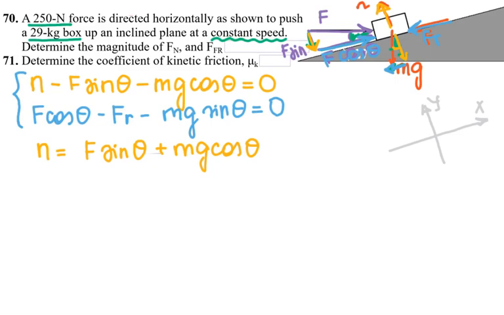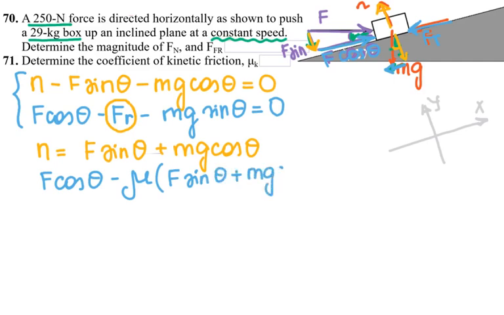And if I plug it in instead of friction, I will get F cosine theta minus friction, mu times N, and N is F sine theta plus mg cosine theta, minus mg sine theta, and equals to 0.